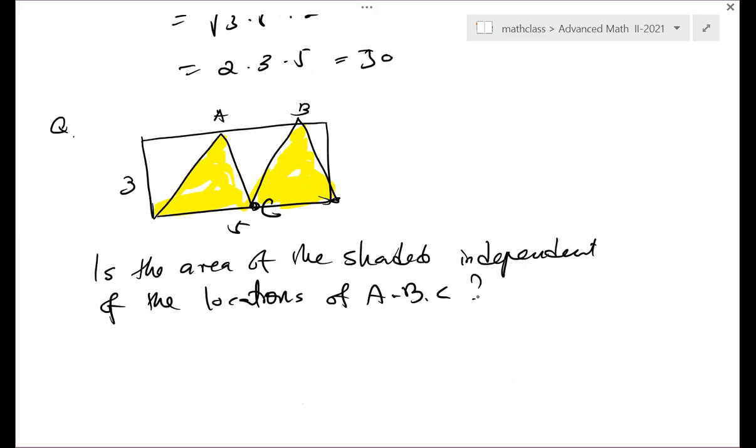Think about it. If it's not, prove it. If it is independent, then what is the area of the shaded region? Or maybe you can say it cannot be determined.